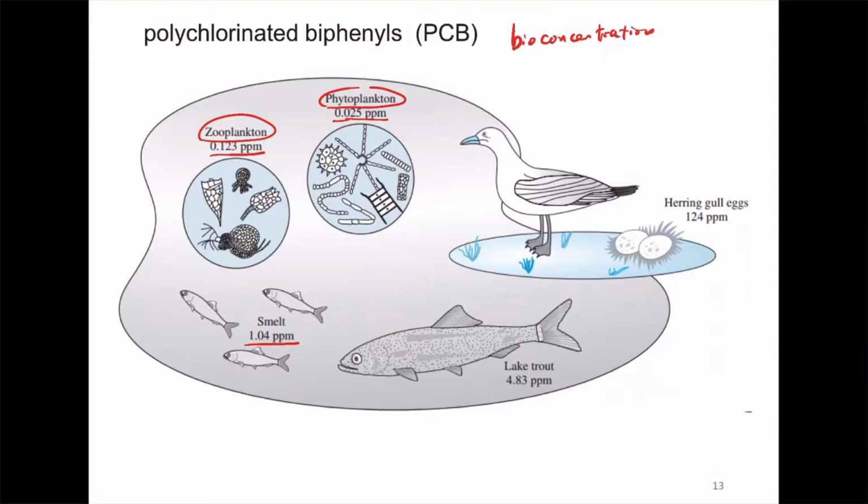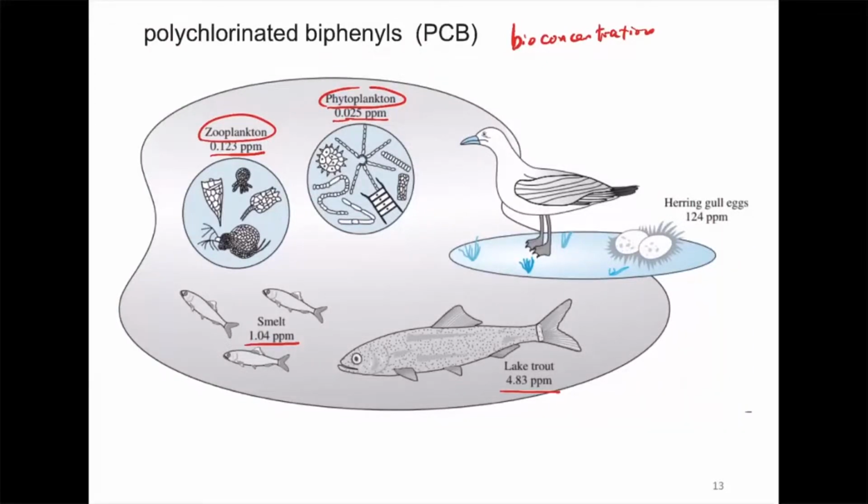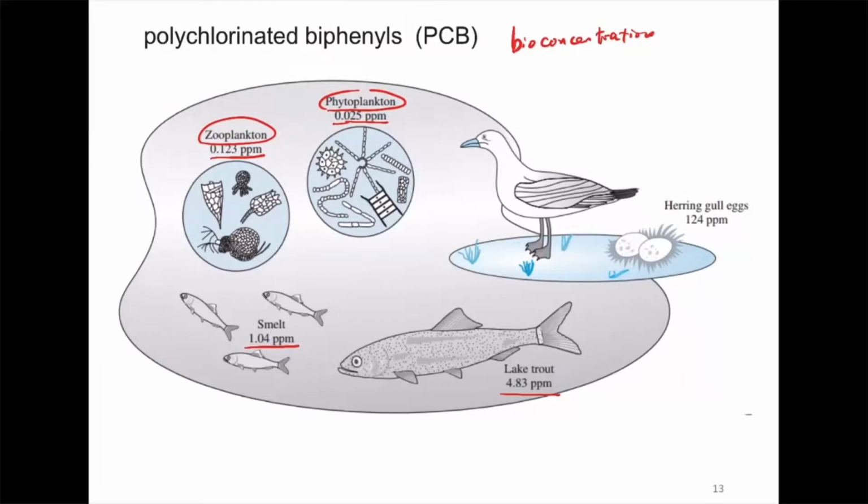Because of this accumulation, the smelt can be consumed by lake trout, so you can see the concentration of the PCB gets further higher. And finally, for the birds that rely on these trout, the PCB concentration in the egg becomes surprisingly higher, 124 ppm, which is much higher. So this is a process showing the bioconcentration.